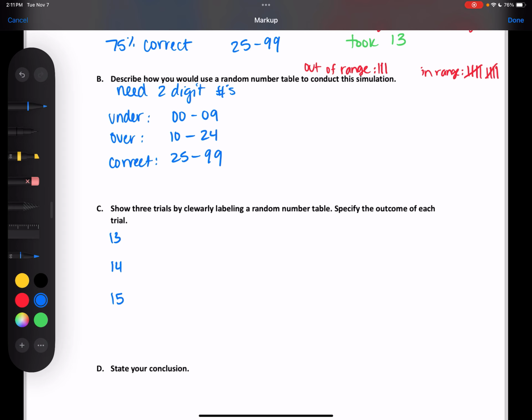It took 19 bottles on that one. Okay. Took 19 bottles to get, whoa, it's really zoomed in. 19 before 10 correctly filled.